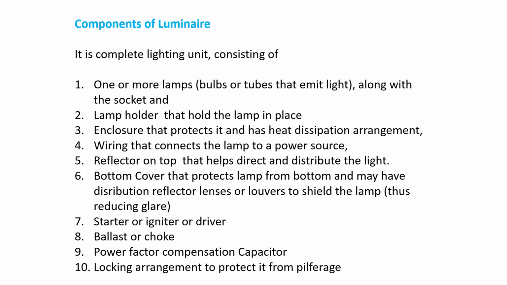Second, the lamp holder that holds the lamp in place. Third, the enclosure that protects it and has a heat dissipation arrangement. Fourth, wiring that connects the lamp to the power source. Fifth, the reflector on top that helps direct and distribute the light.